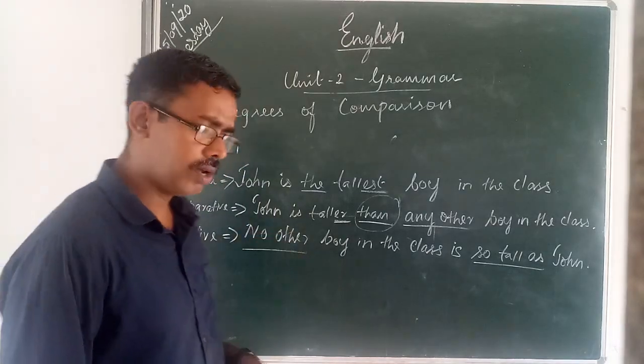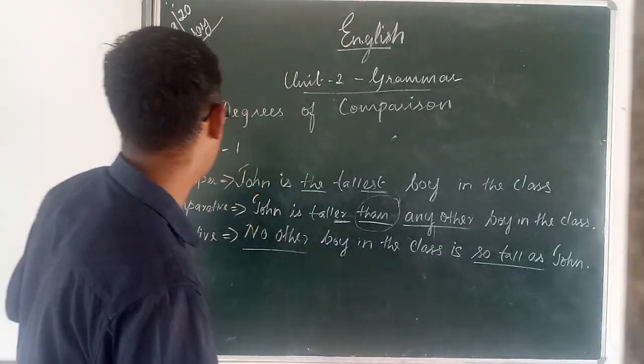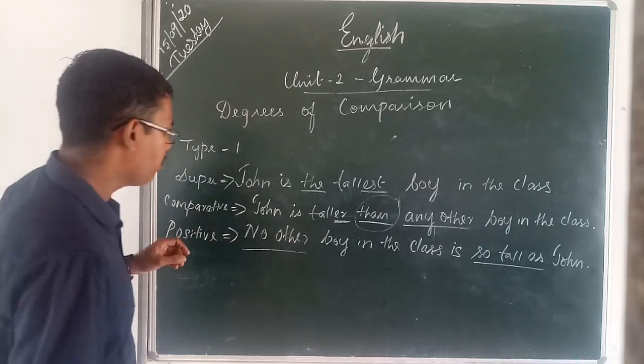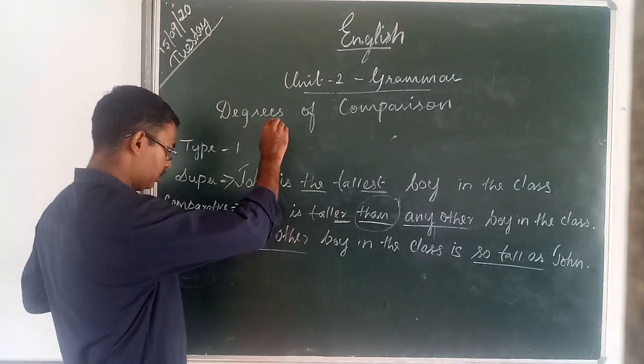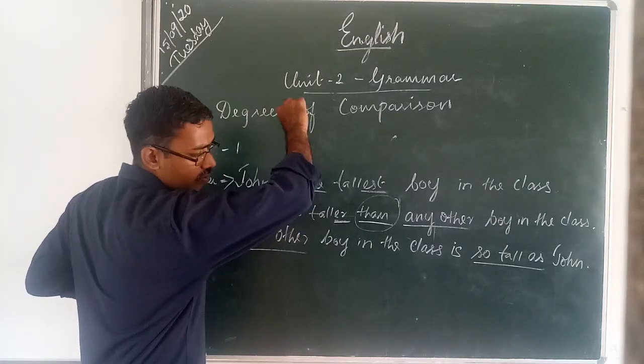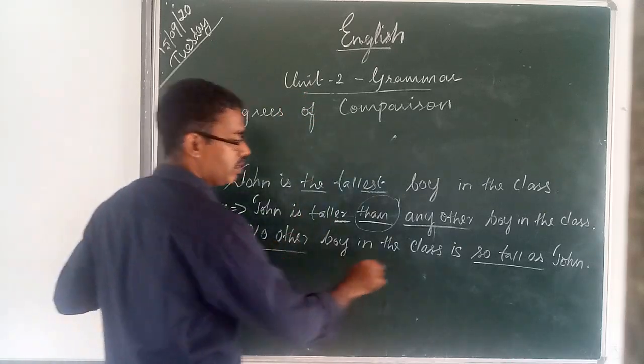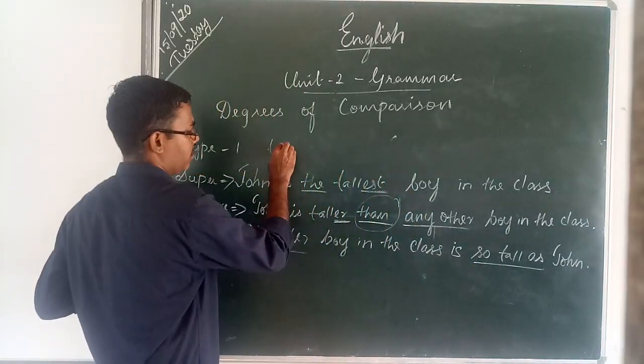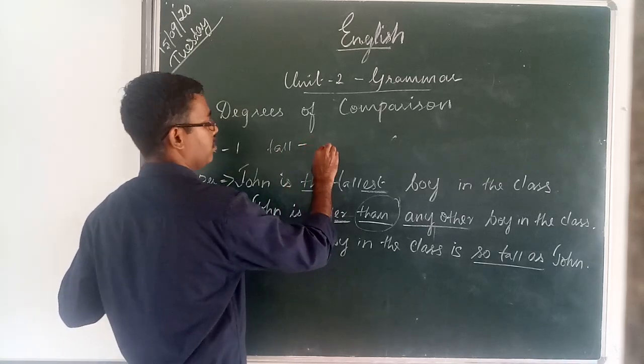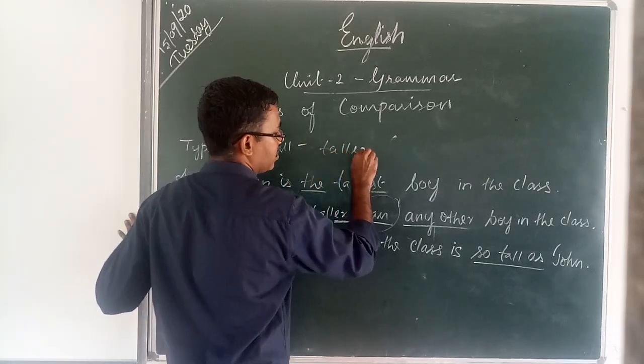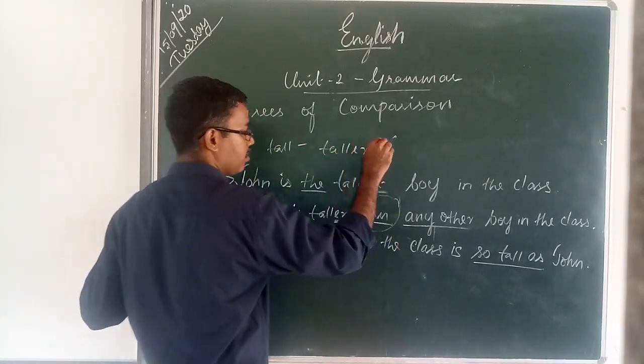We are going to the next example. Before that, what is the positive? Tall. What is the comparative? Taller. What is the superlative? Tallest.